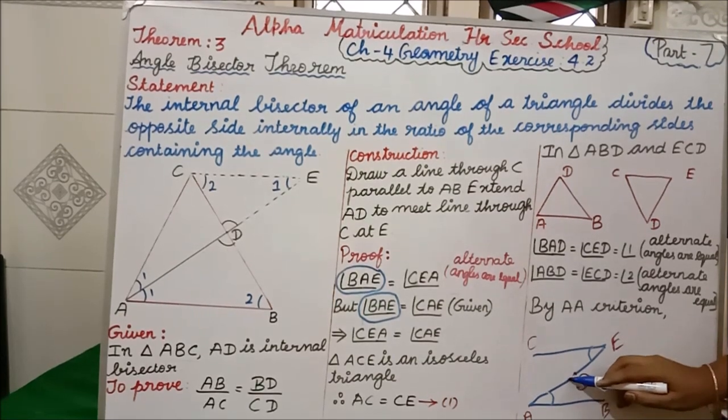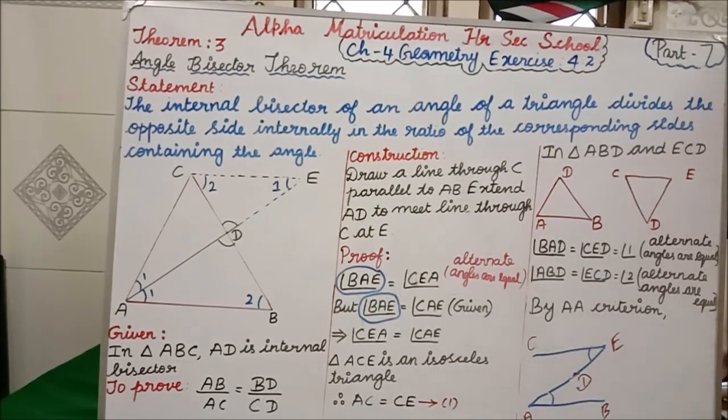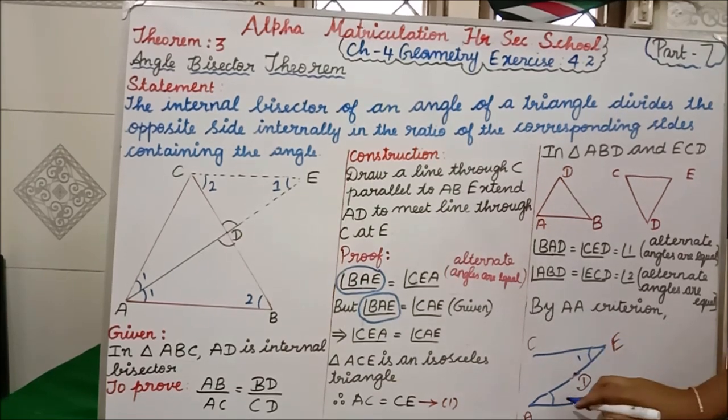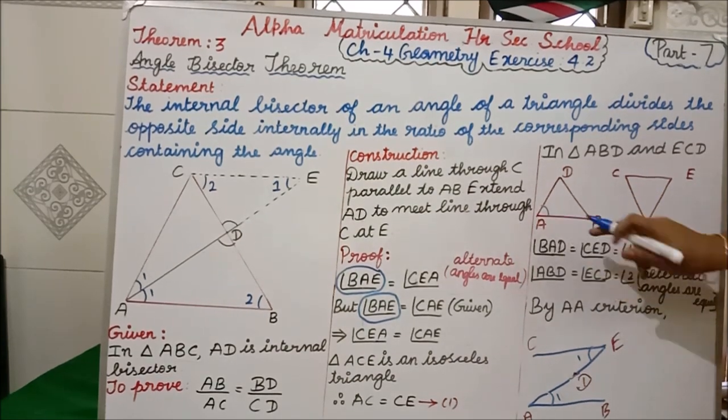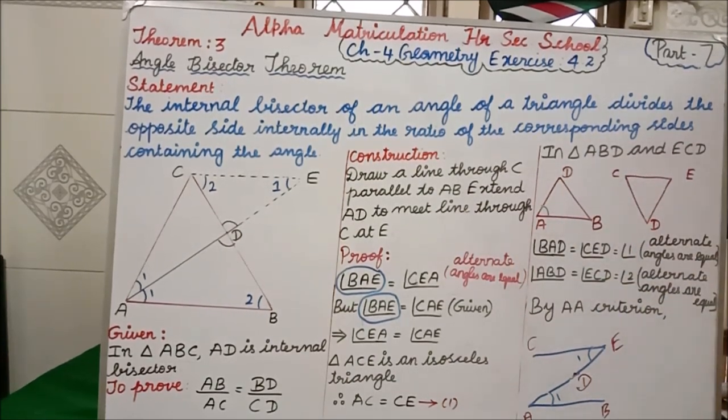Now see how I am writing this: angle E is equal to angle A. How? Angle A and angle E are interior angles, so alternate interior angles. So I am giving this angle 1, and this also angle 1. Now I am writing BAD. Angle BAD is equal to CED.